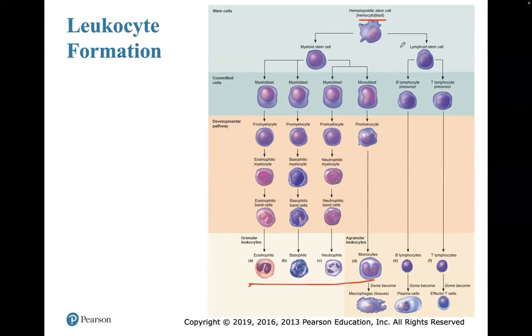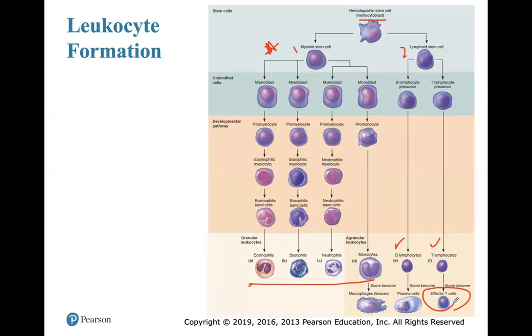Now the other line, this is line number 1 and this is line number 2, becomes the lymphoid stem cell. You should know these two stem lines. That becomes T and B lymphocyte precursors, and finally it develops into T lymphocyte and B lymphocyte. Now, that is not the final step, because when these lymphocytes are activated, T lymphocyte produces effector T cells.